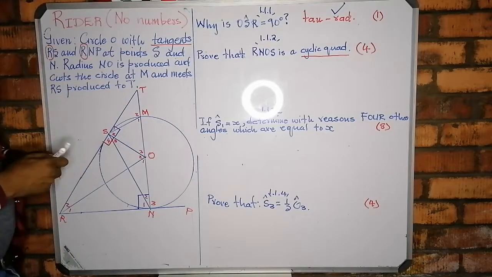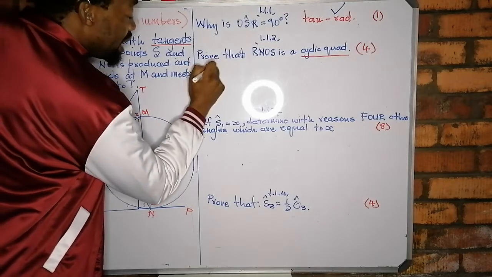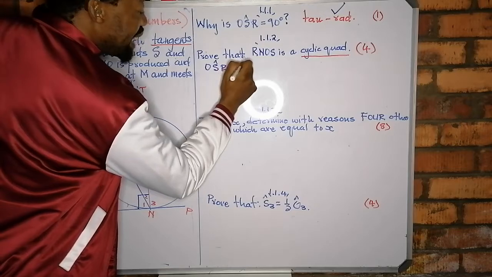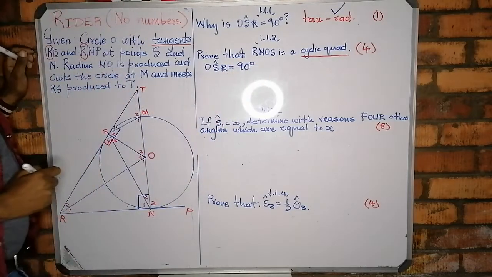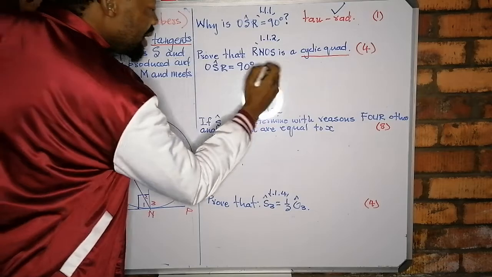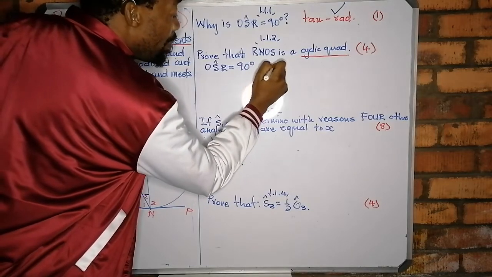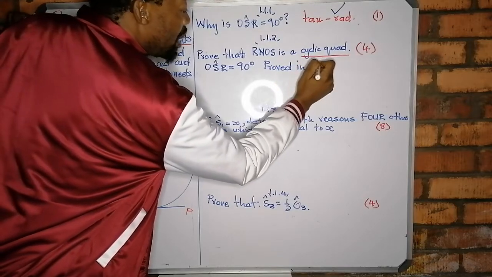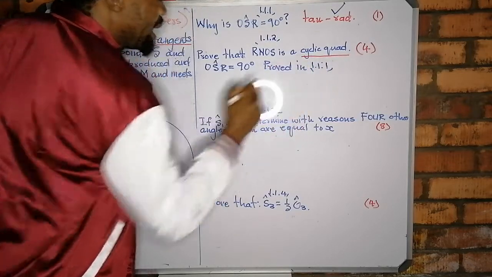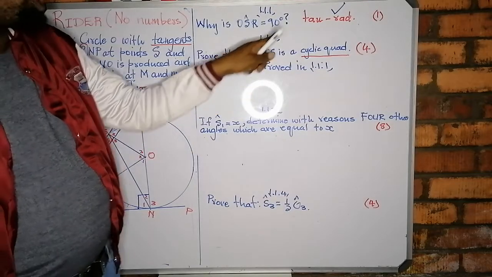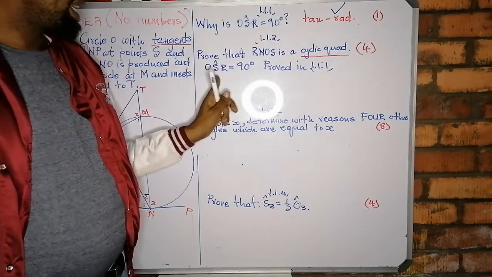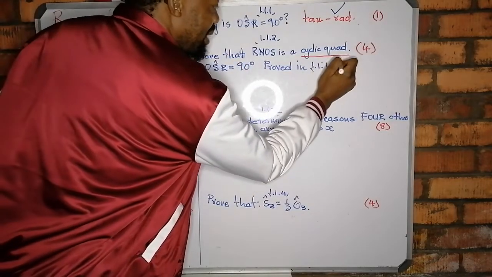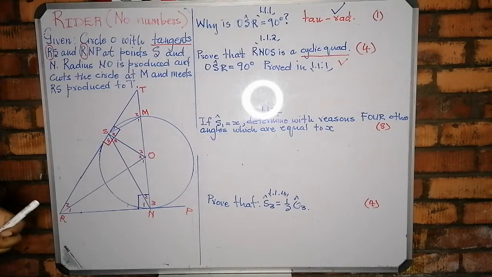Now, I'm going to start by saying angle LOSR was said to be 90 degrees. There, I can say proved in number 1.1.1. If you did not prove it there, you just say tan radius. Now, I know that here I must get a beautiful mark.